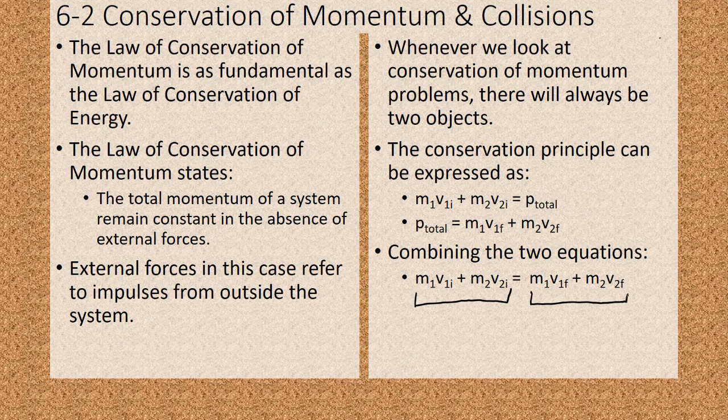Here is the final side. Notice that it's still the equation of momentum, mass times velocity. 2 masses, m1 and m2, and 4 velocities, v1 initial and v1 final, v2 initial and v2 final.